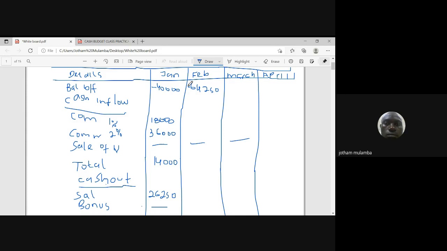When we were doing the previous table, where we had in and out, we listed commission, twice, 1% and 2%. Then sale of vehicle. Then we had a cash balance.